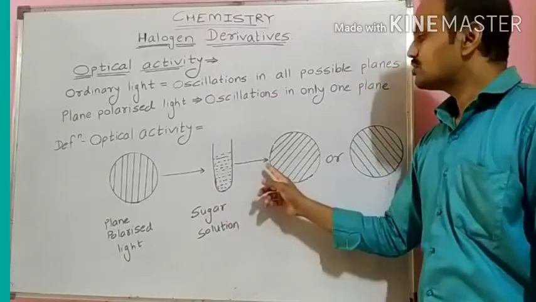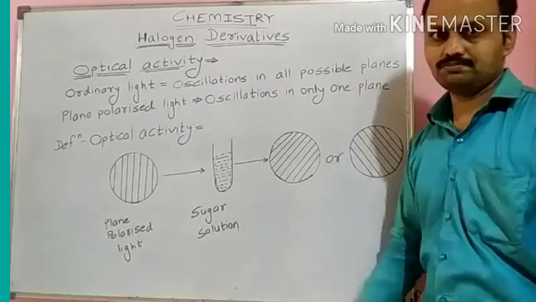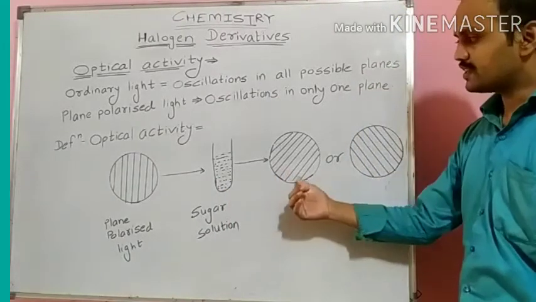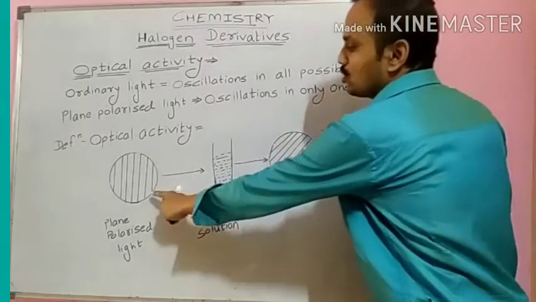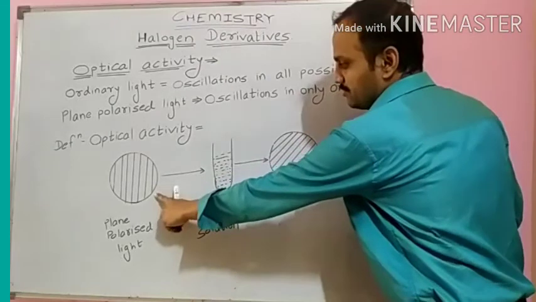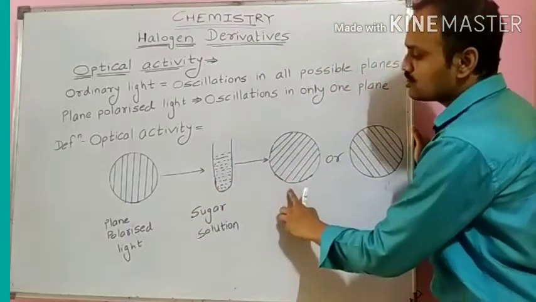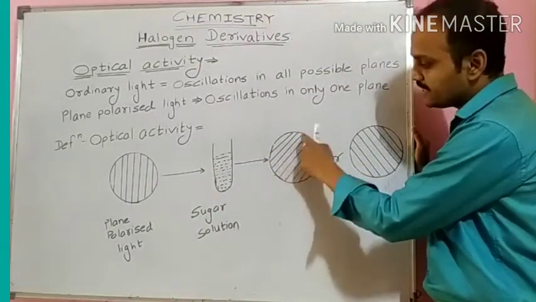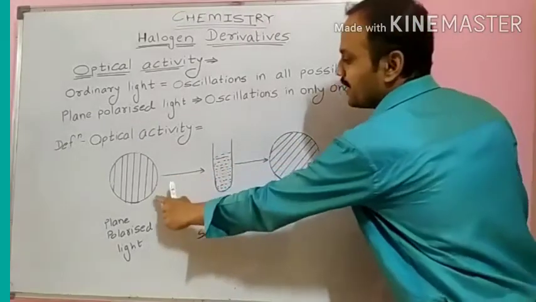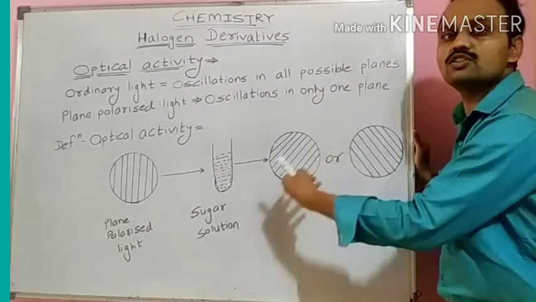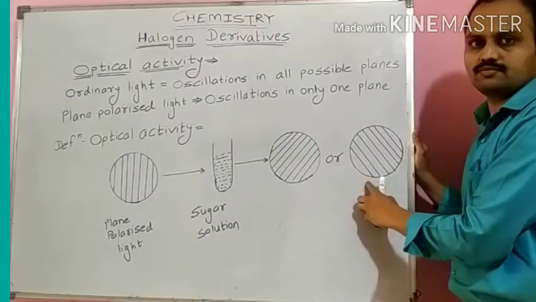It changes its rotation. We can see in this diagram, students, that either the plane of rotation turns towards the right hand side, or the plane of rotation turns towards the left hand side.